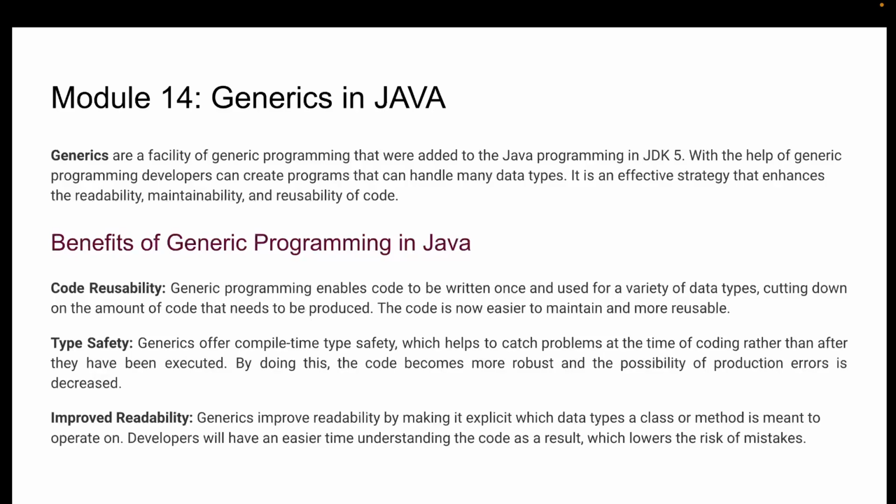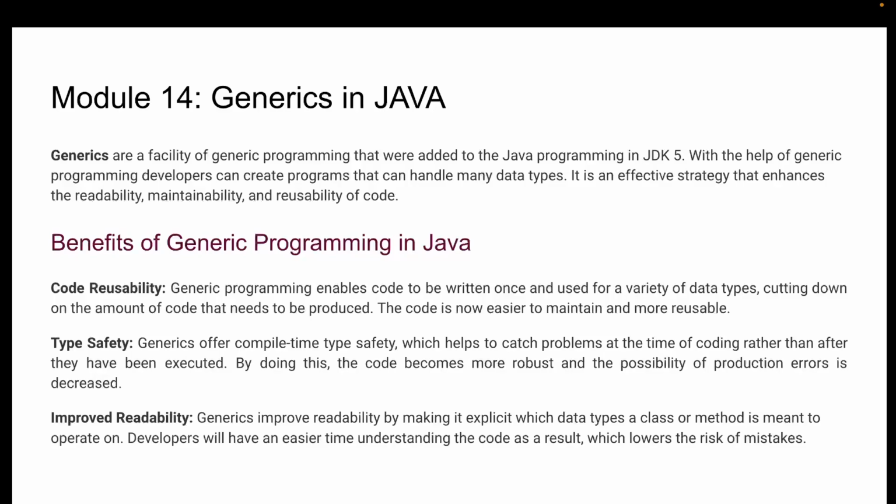Suppose you want to add two integer numbers. You create a method like sum and you pass two parameters, and those parameters have to be integers, right?